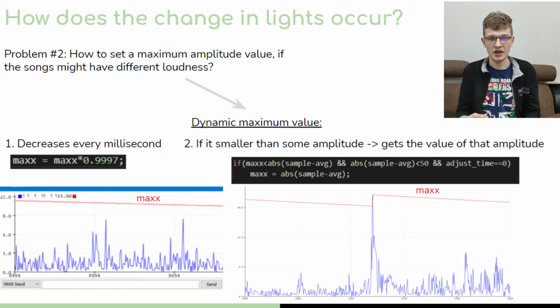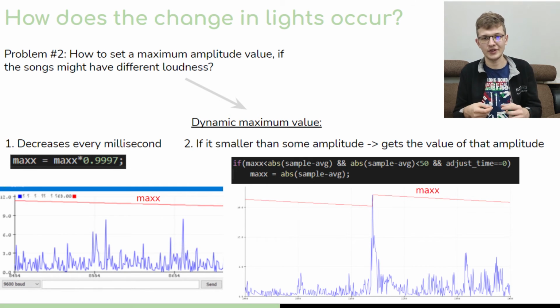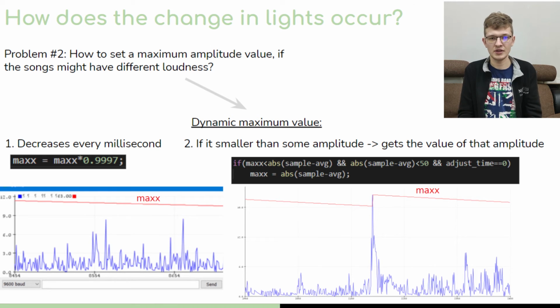And the other thing is if we encounter a bigger difference in the amplitude than the maximum was, then we update the maximum. So as you can see, the first graph shows how it decreases over time, and the second graph shows how it gets changed by a bigger difference in the amplitude.